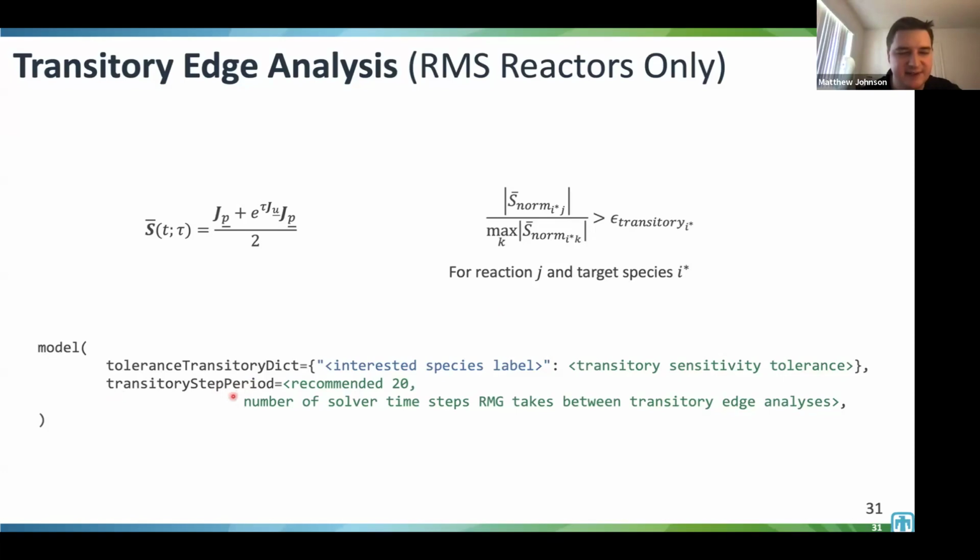We also set a transitory step period, which is how often, in terms of time steps, RMG runs the transitory edge analysis, because it is significantly more expensive than running the flux analysis or branching analysis. So usually we check it about every 20 time steps in the simulation.